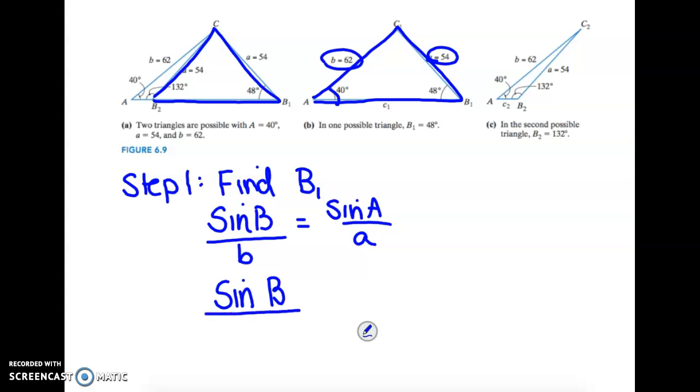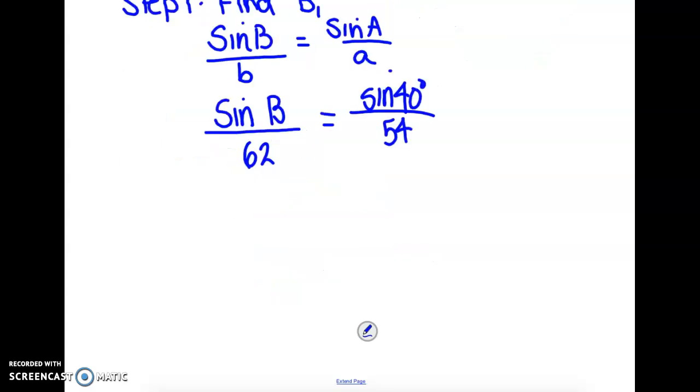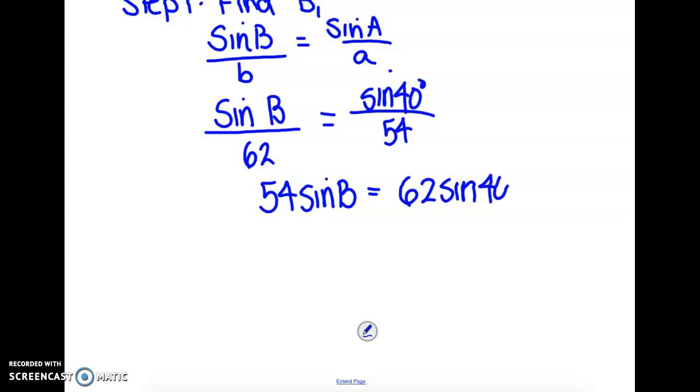Little b is given to us as 62, big A was given as 40 degrees, and little a is 54. We're ready to cross multiply. So 54 times the sine of B equals 62 times the sine of 40 degrees.